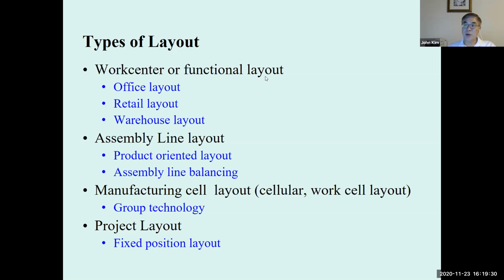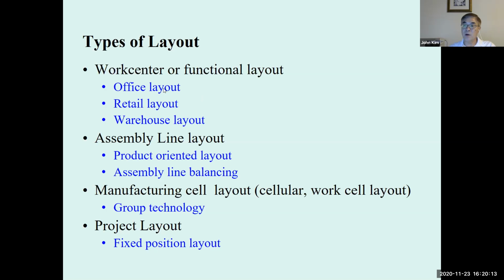Work center or functional layout type: if there are many types of product or process, but each type's volume is small and needs customization, then this workstation or functional layout type is good for that kind of product or process.